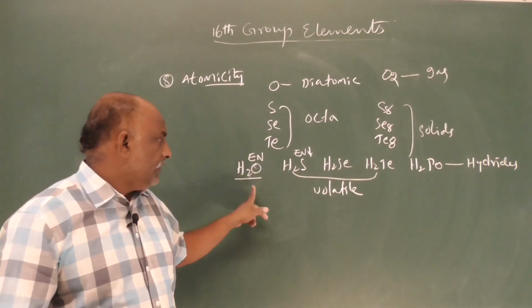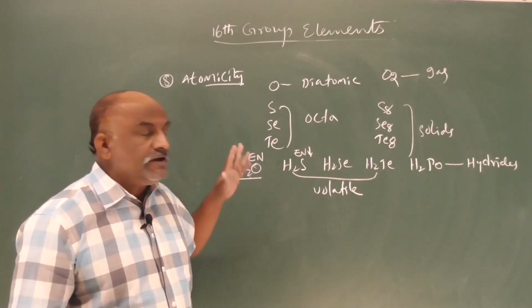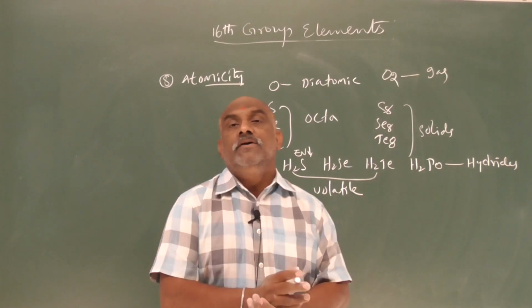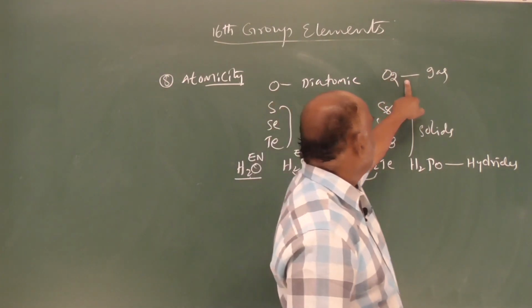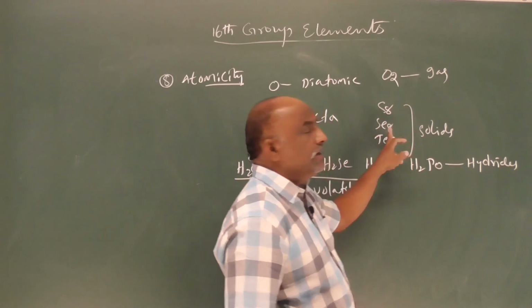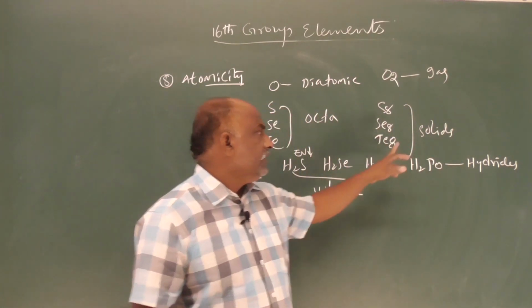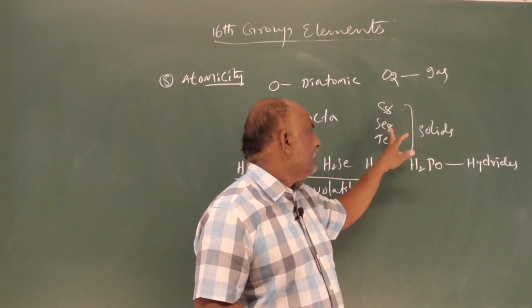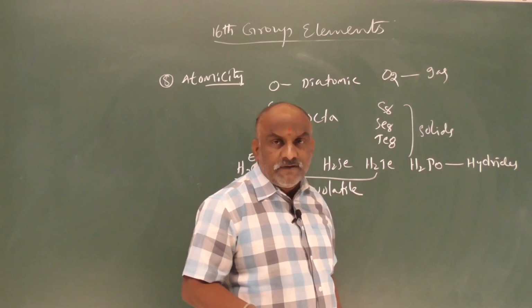Water is liquid and non-volatile. This fact we have to explain in terms of electronegativity. Oxygen is diatomic, while sulfur, selenium, tellurium are octaatomic: S8, Se8, Te8. Oxygen is a gas at room temperature, remaining all are solids.